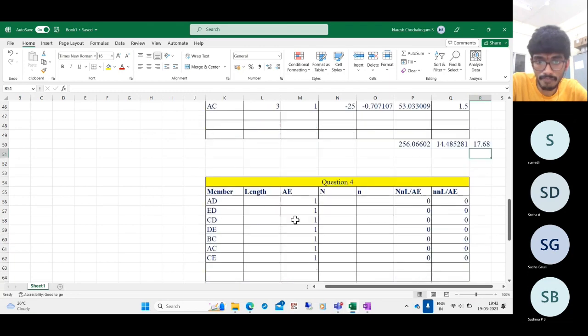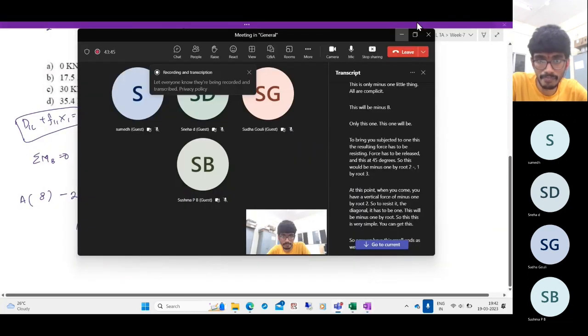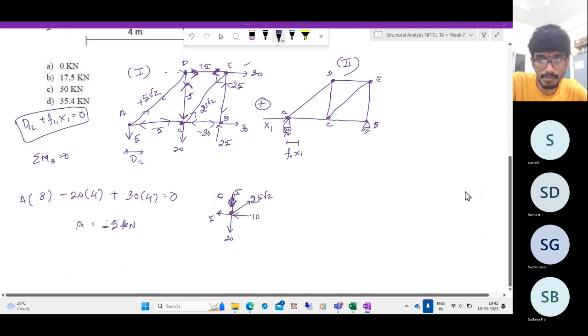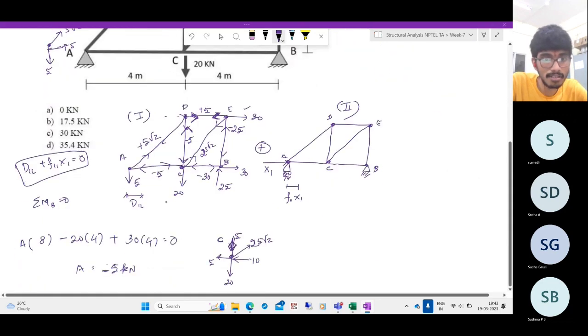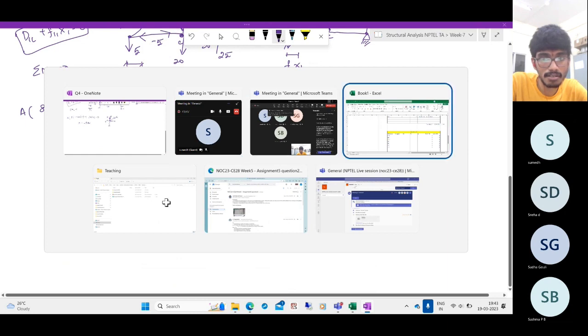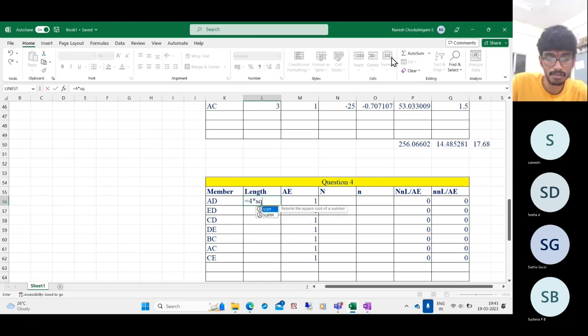To question 4, what is the length of the member? What is the length of the member AD? AD is 4√2.